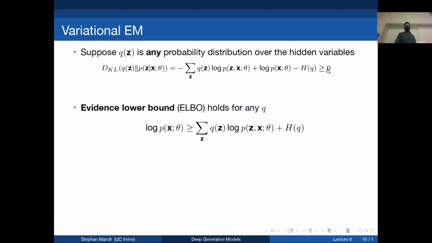We also learned that this is actually a lower bound to the marginal likelihood. We could prove that log P of X is always larger or equal than this thing that we call the ELBO, the evidence lower bound. Here it is once more written as an expectation under Q of the log joint distribution. The other term was an entropy term: the expectation of log Q under Q is exactly an entropy of that Q distribution.